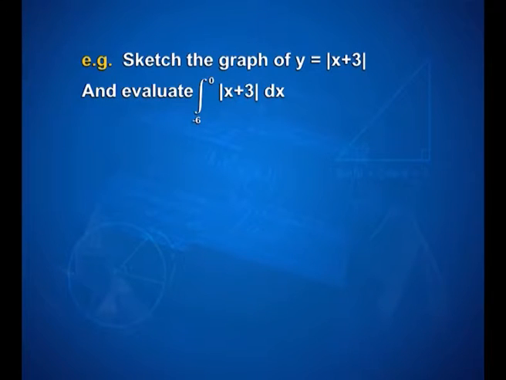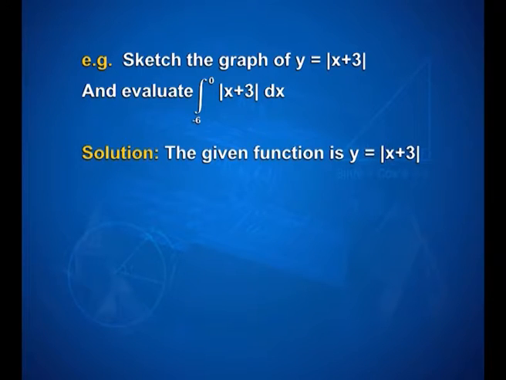Let us look at one more different type of example here. Sketch the graph of y is equal to modulus x plus 3 and evaluate integral -6 to 0 modulus of x plus 3 dx. For the solution, the given function is y is equal to modulus of x plus 3.